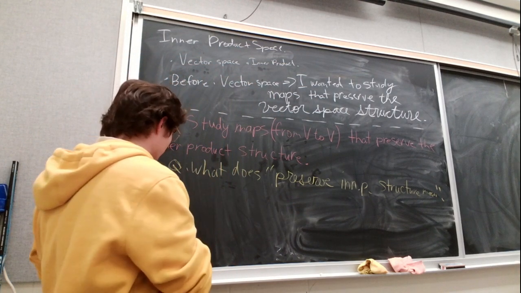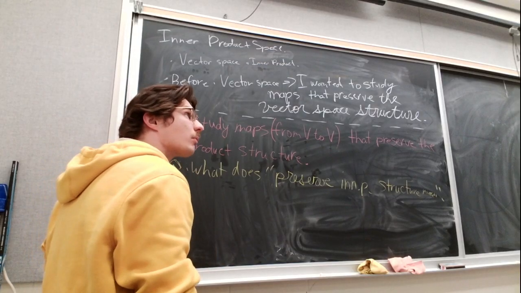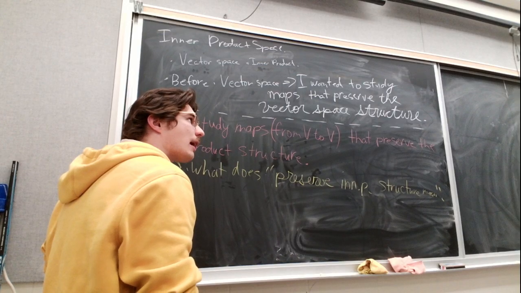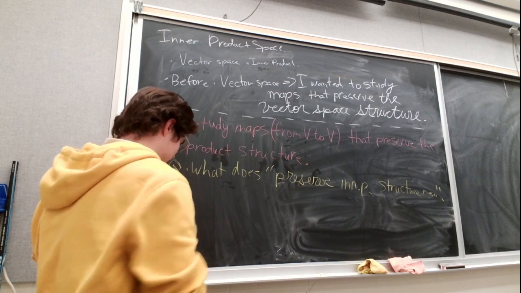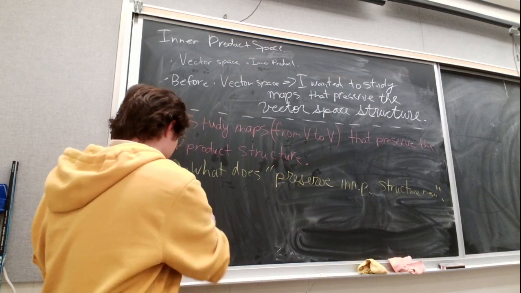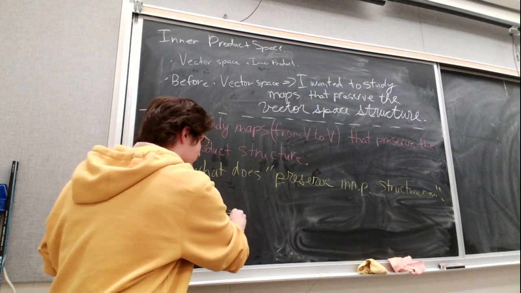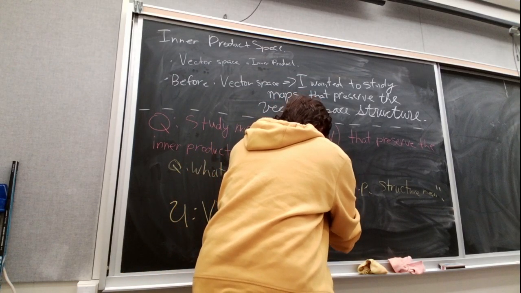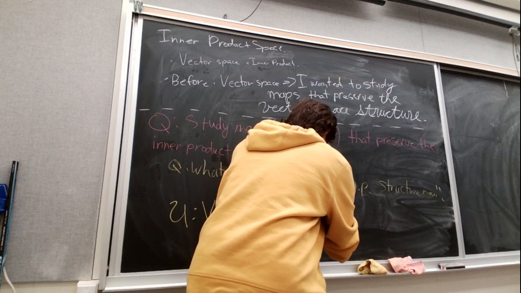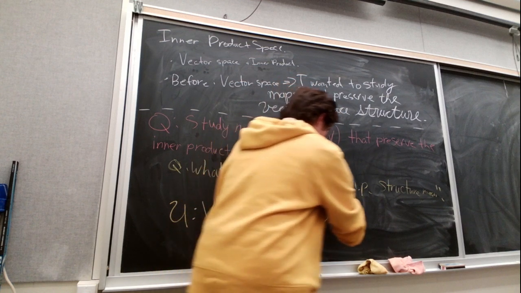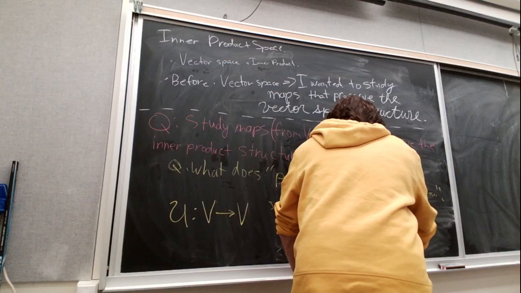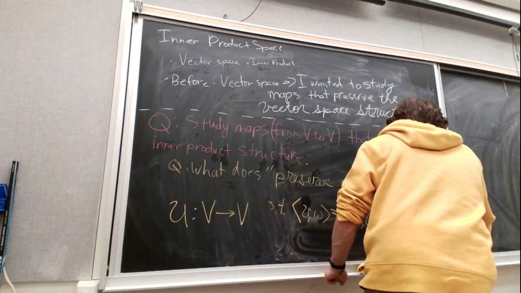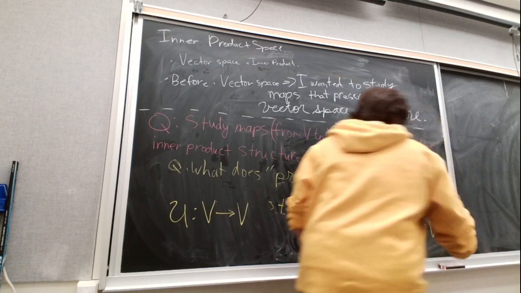I'm going to specifically look at the maps U from V to V, such that if I take two vectors V and W and take their inner product, then this inner product will be the same as the inner product of UV and UW, for any V and W in the vector space.